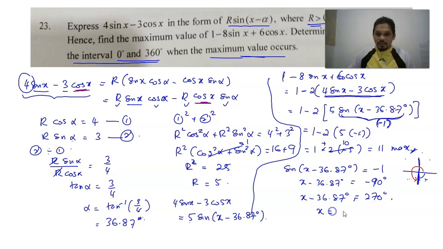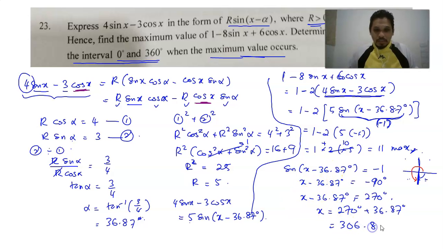Then x equals 270 degrees plus 36.87 degrees, equals 270 plus 36.87, equals 306.87 degrees.